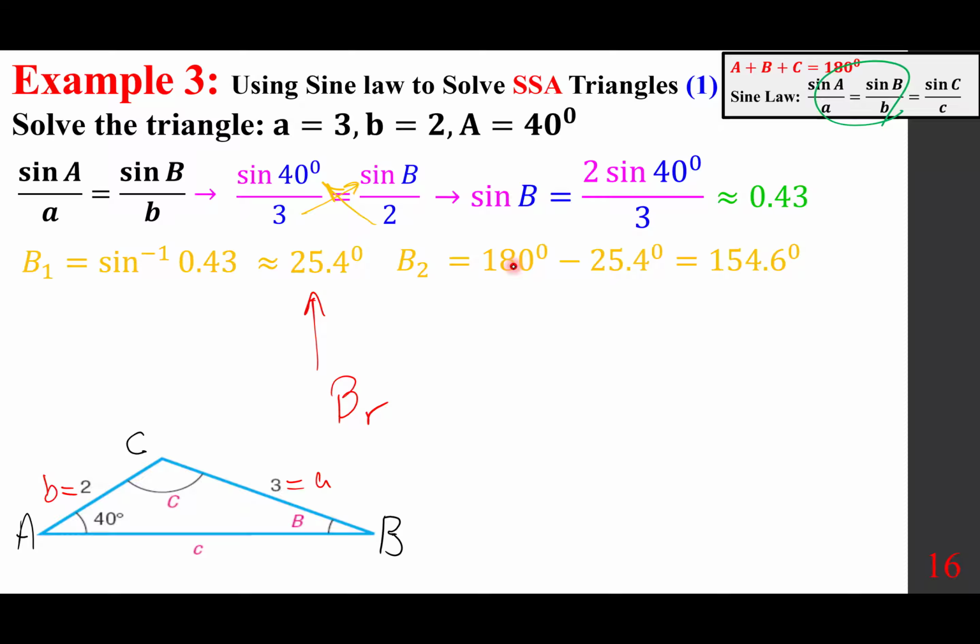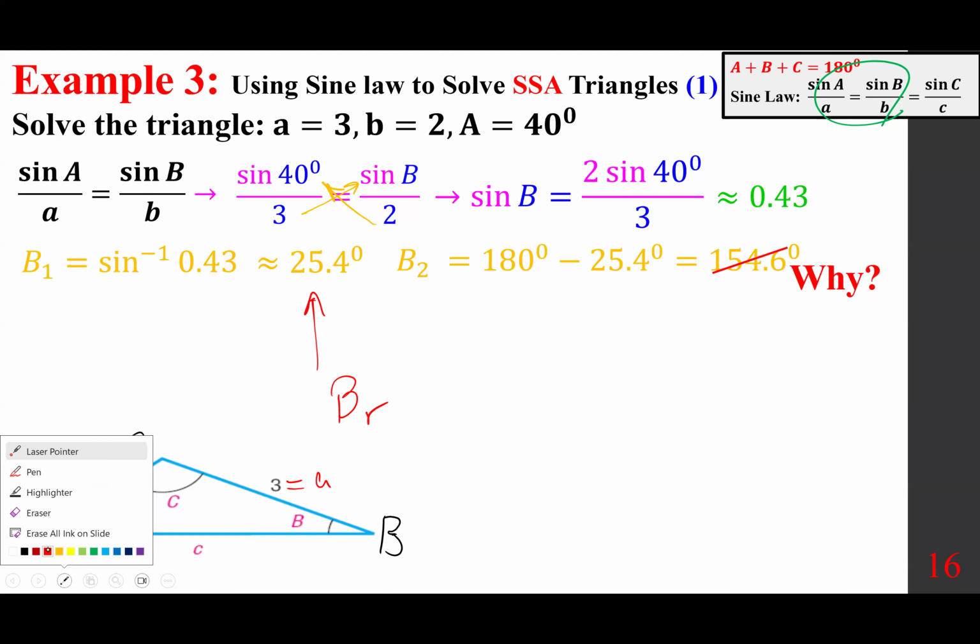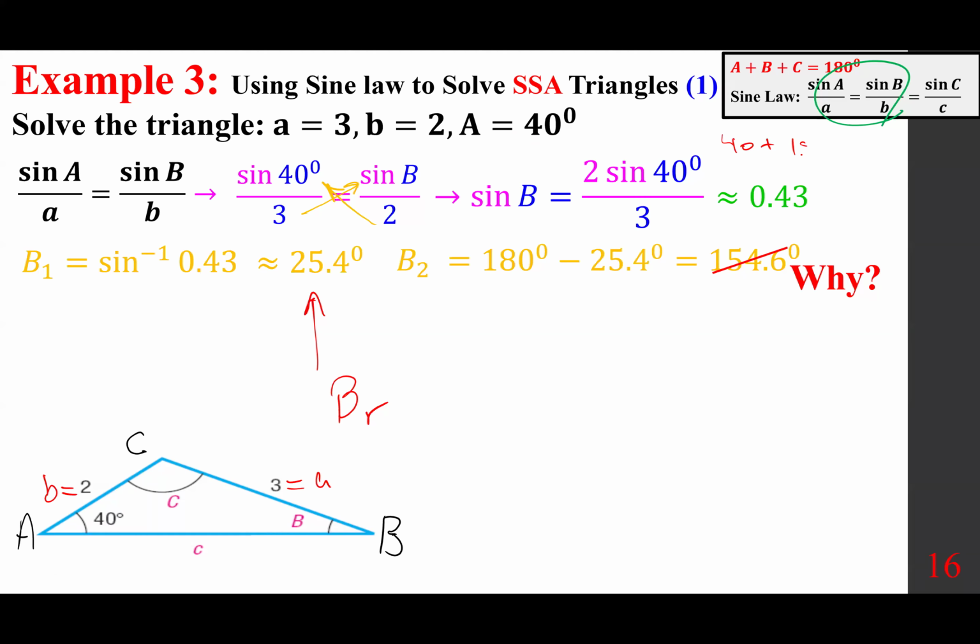This doesn't work. Why not? Well, the interior angles must add up to 180. We do know one of them is 40. When you add these two numbers, 40 plus 154.6 is larger than 180.